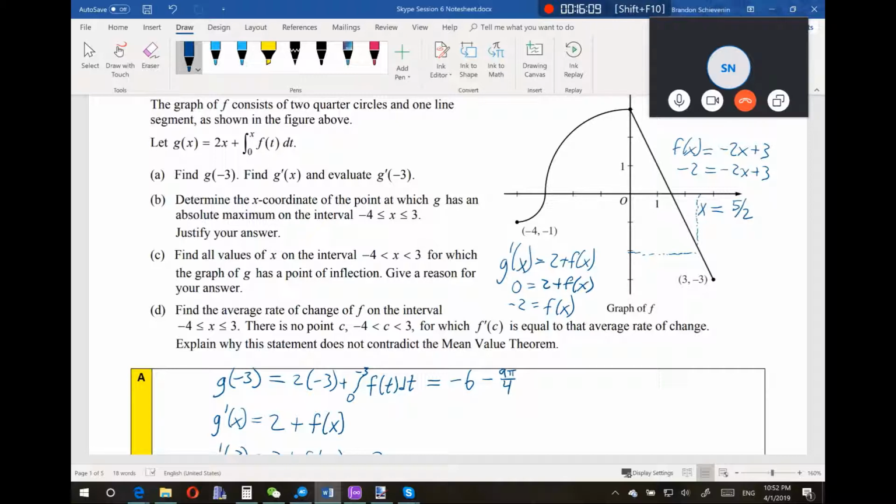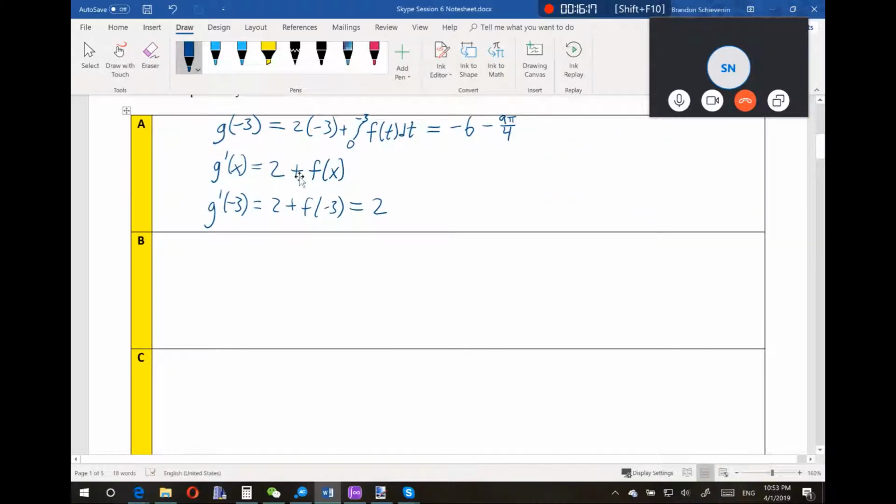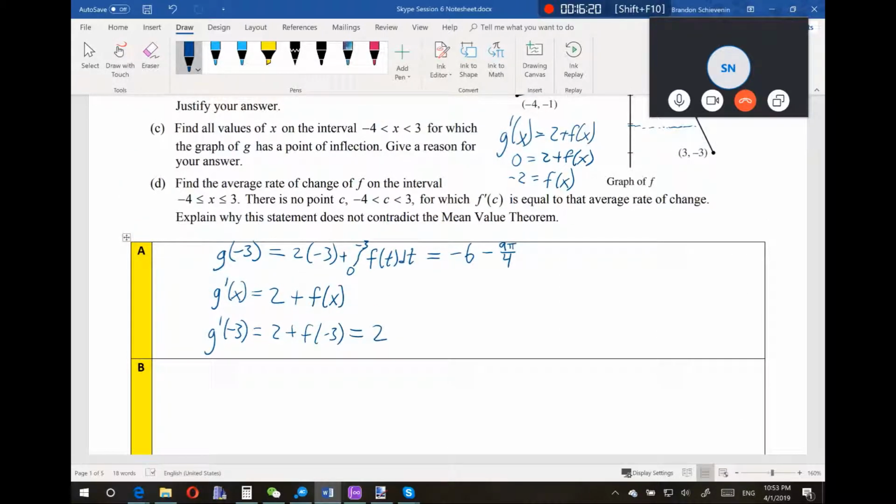The next thing I need to do is prove that this is actually a relative maximum. We just proved that it was a critical point. So go ahead and write down here: our g prime at x is equal to 0 when x is equal to 5 over 2. And then we need to prove that this was a relative maximum.